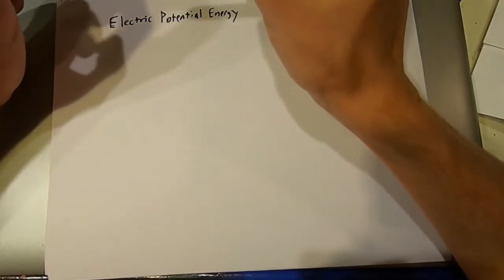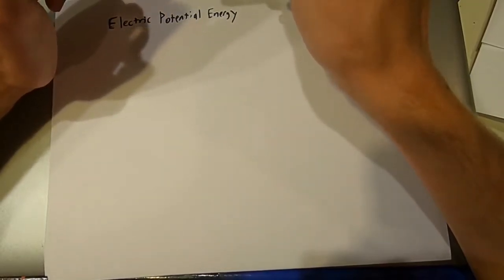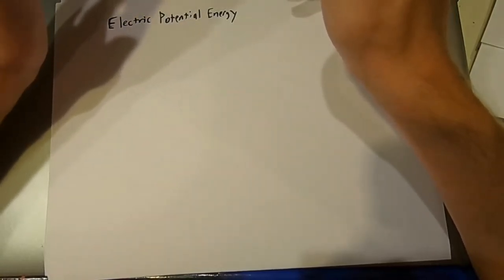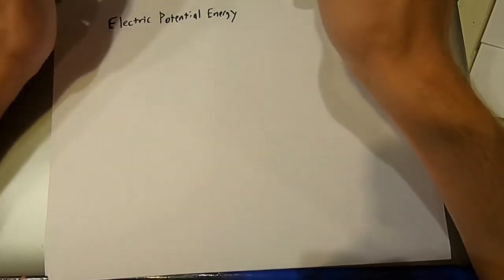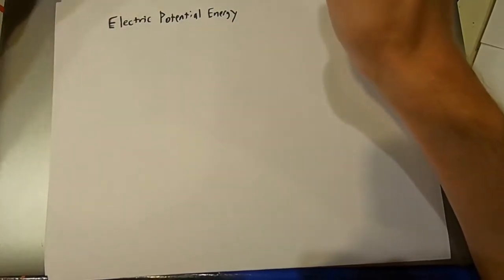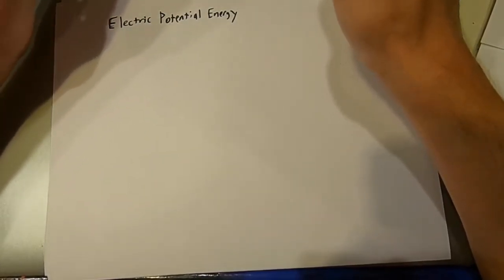So for this example, we're going to kind of go back to our foil experiment where we used static electricity to induce a polarity on the foil where all of the charge on one side of the foil was positively charged, all the charge on the other side was negatively charged. So in this example, we're basically going to have two plates that are infinitely large. One of these plates is going to be positive, one of these is going to be negative, and then we're going to have a charge somewhere in the middle.